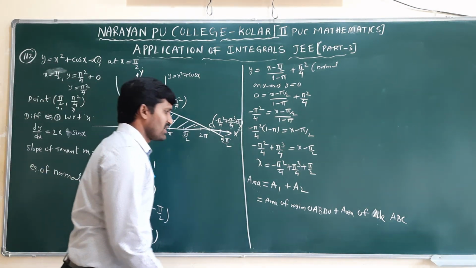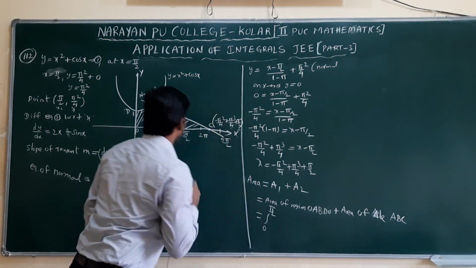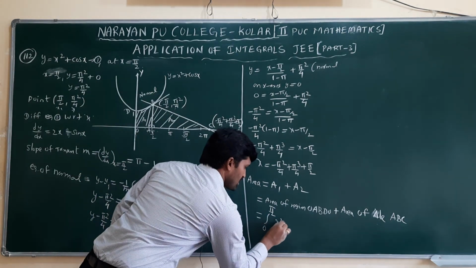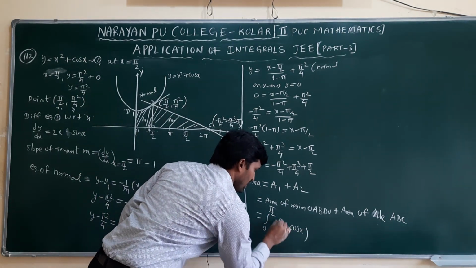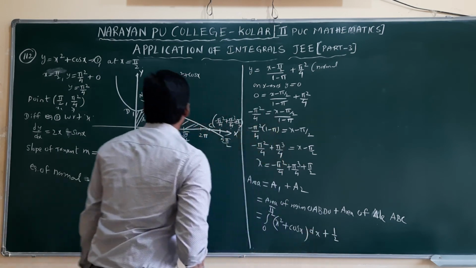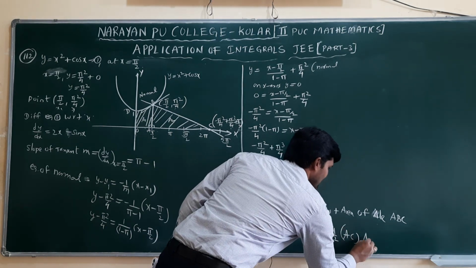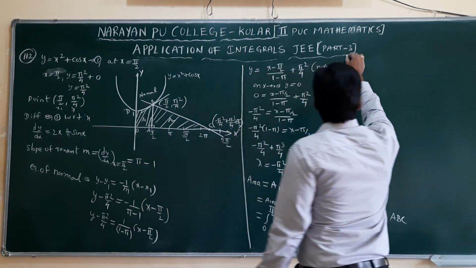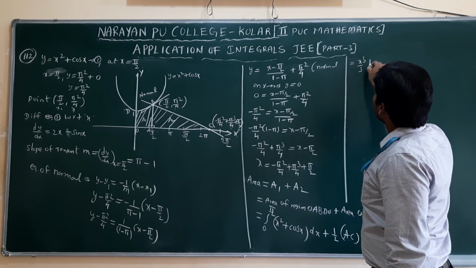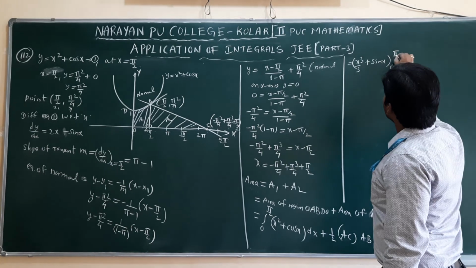So the area of region ABDO, from where to where? 0 to pi by 2. Both are x limits, the curve is also in terms of x: integral of x square plus cos x into dx. Area of triangle is half into base AC into height AB. Integrate this: x cube by 3, integral of cos is sine, from 0 to pi by 2.